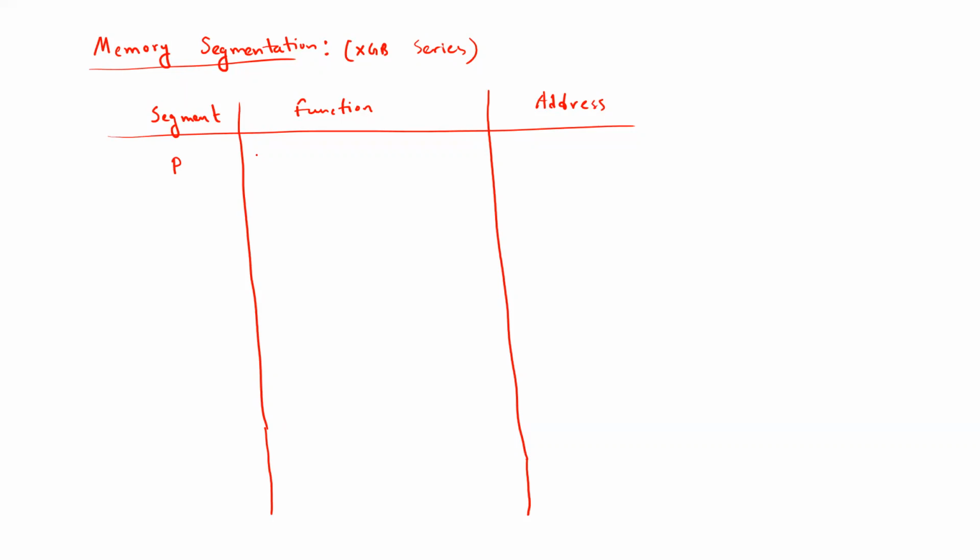So it is normally for manipulating the data between the input and output ports or input output devices. This segment of the memory is used to store input output data and also process the data while executing the program.